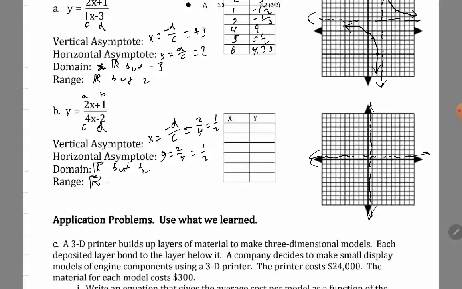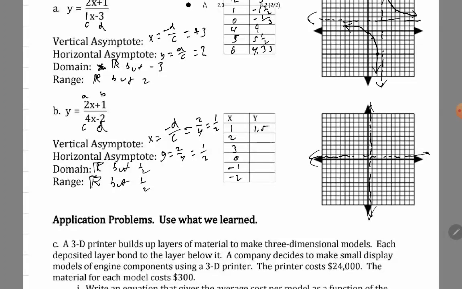And then I'm going to plug in values around 1/2. Let's just use some easy ones: 1, 2, and 3, that's above 1/2, and then below 1/2, 0, -1, -2.